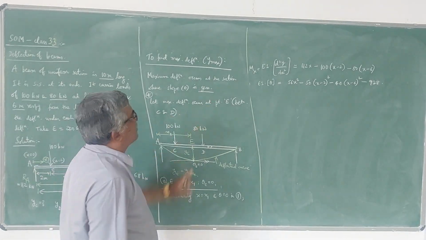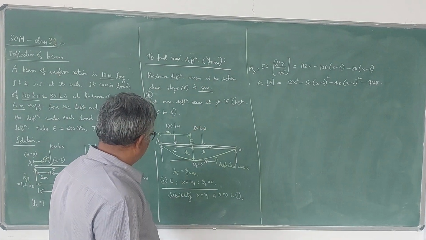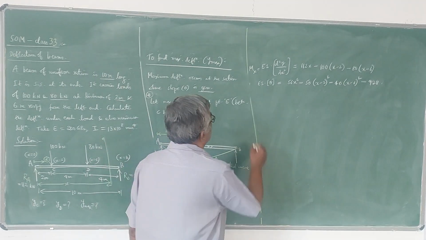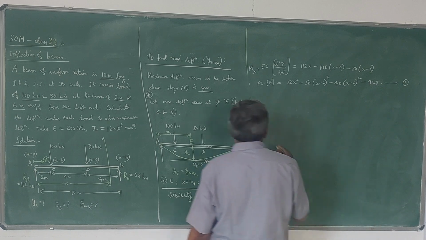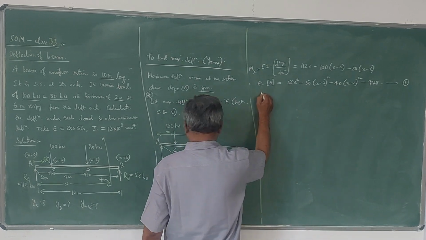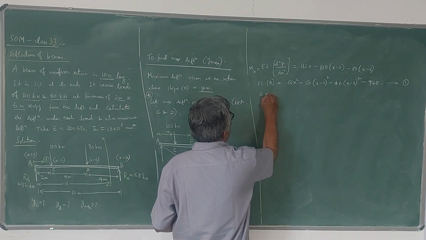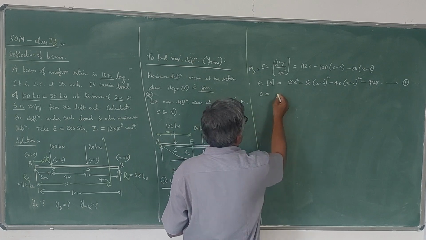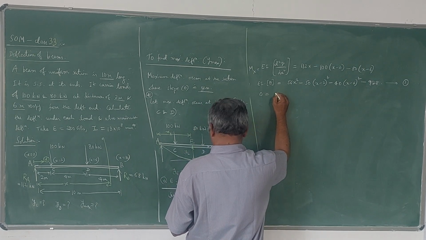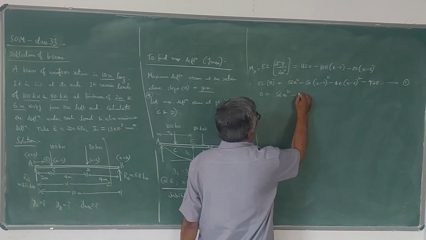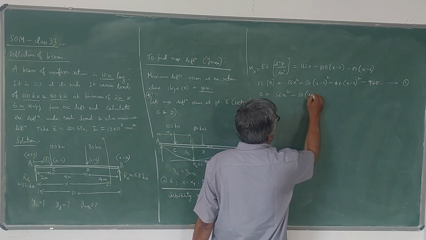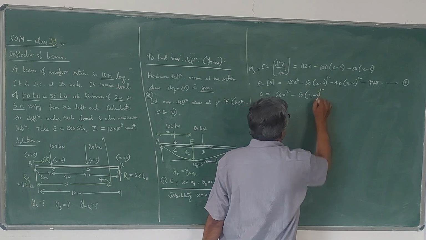Now in this I have to substitute theta is equal to 0. So this is your equation 1. If you substitute theta as 0, LHS becomes 0, RHS is x is equal to x1, I have to take. So 56 x1 square minus 50 into x1 minus 2 whole square.